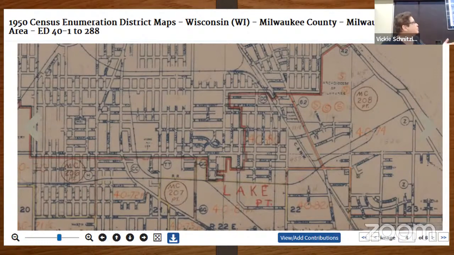So I'm narrowing down my search, unless I know exactly where he was located at that point. At least I've limited the number of enumeration districts down to a few, rather than all 288 in Milwaukee. Okay, next slide.